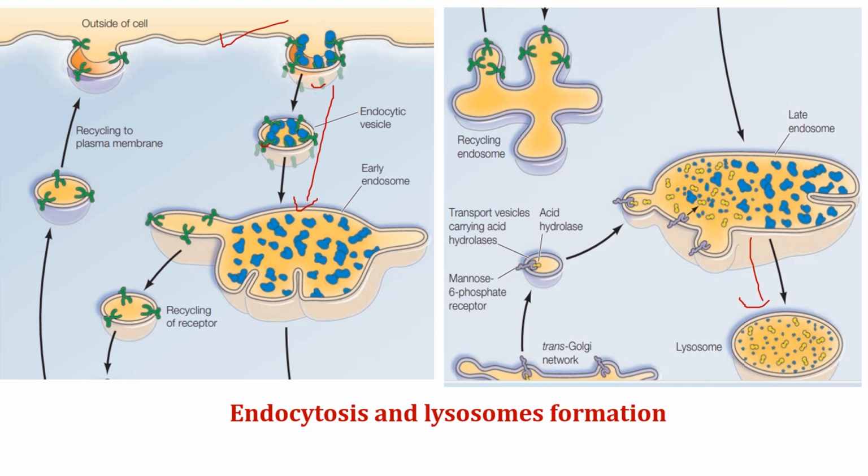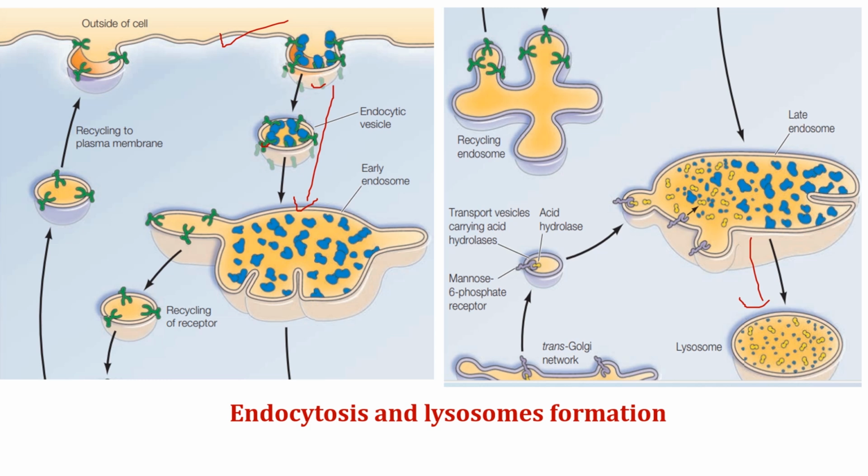Membrane receptors are recycled to the plasma membrane through the recycling endosomes, while the early endosome matures into the late endosome. These recycling receptors are transferred in vesicle form and come back to the cell membrane.